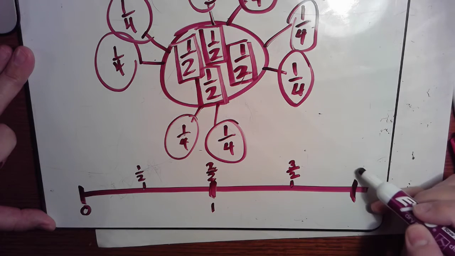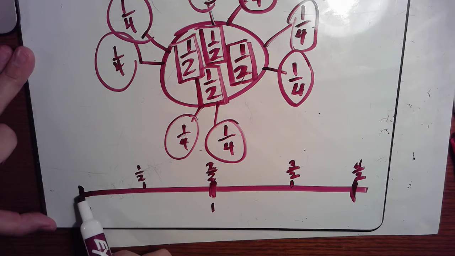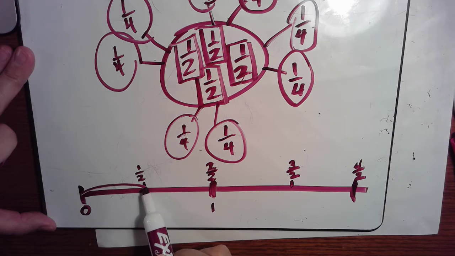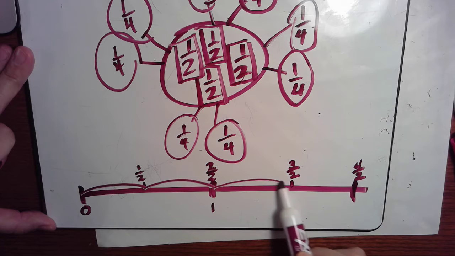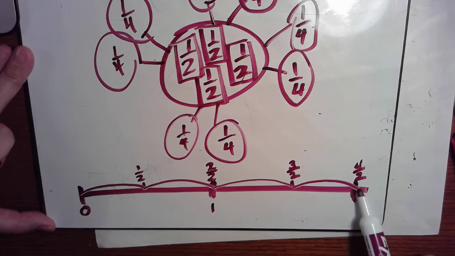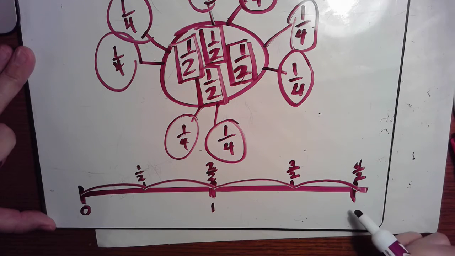Here's 3 halves, and here's 4 halves. So you can see them when you jump, right? Jump 1/2. Here's another half, 2 halves, 3 halves, and 4 halves. So if 2 halves equals 1, 2 more halves equals 2.